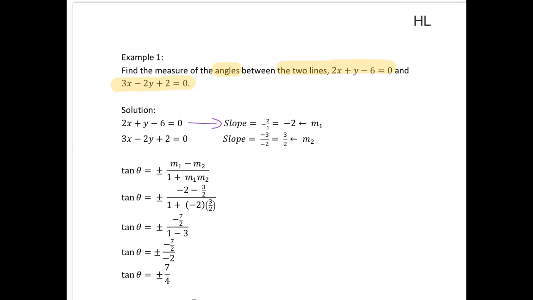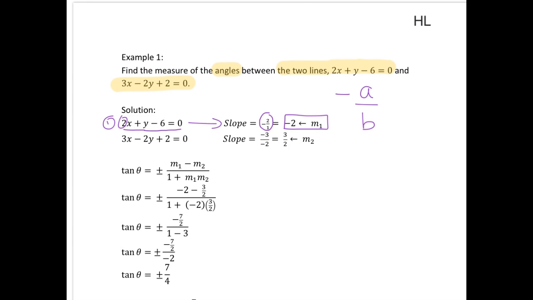Looking at our first line, 2x plus y minus 6 equals 0, our slope for any equation like that is, if you recall, minus a over b. In this case, our a is the number in front of x, which is 2. The number in front of y is just 1. So we have our slope there as minus 2 over 1, which is minus 2, and that's our m1.